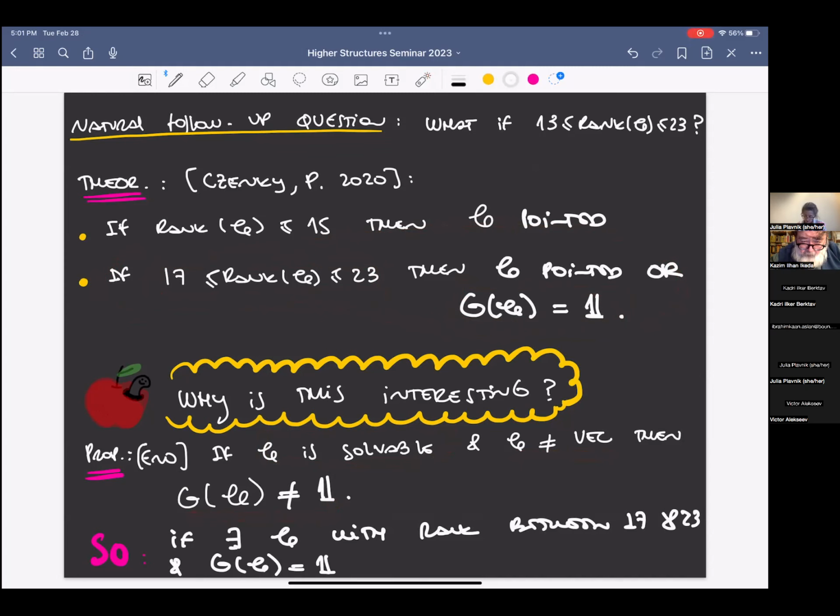So it's not solvable. But this would be a counterexample to the Nikchik-Ostrich conjecture, because this would imply that it is not weakly group theoretical in this case. And that would be a counterexample.